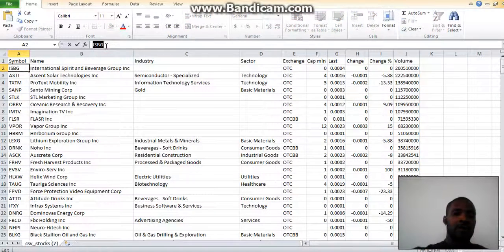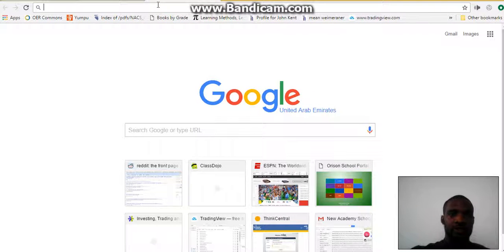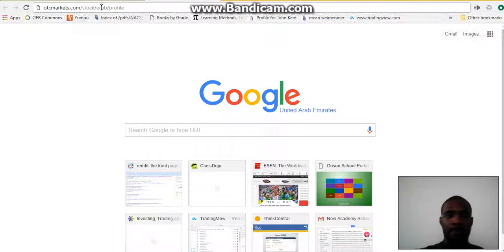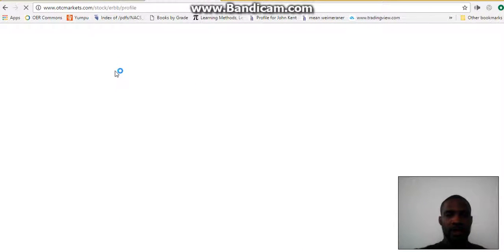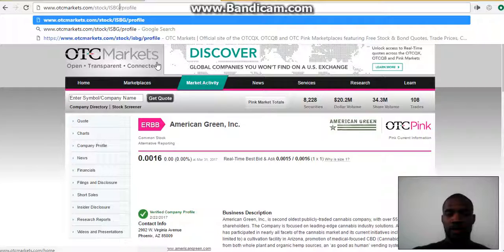So the next thing I'll do is I'll search for the share structure, and I told you can find that at the OTCmarkets.com. It'll show you the share structure. So all I do is I take the ticker symbol and plug it in.